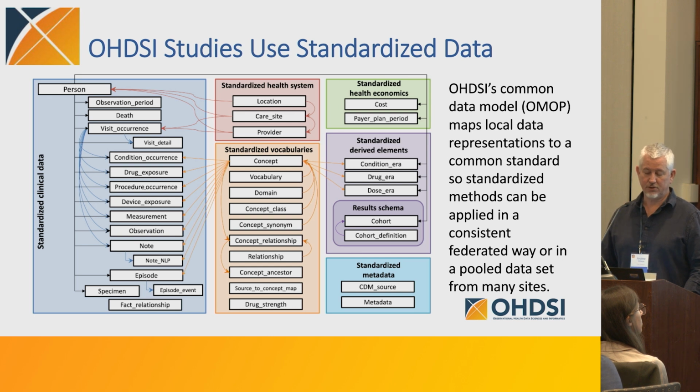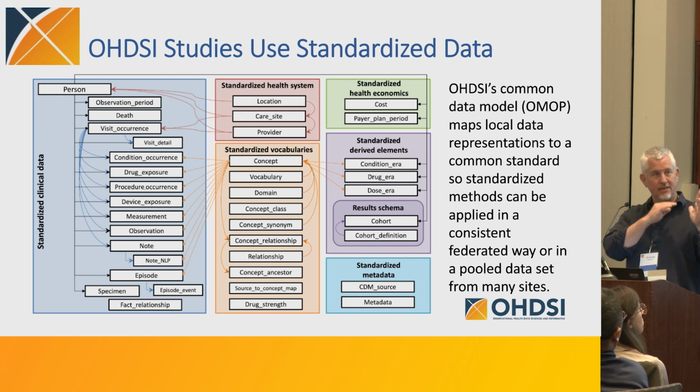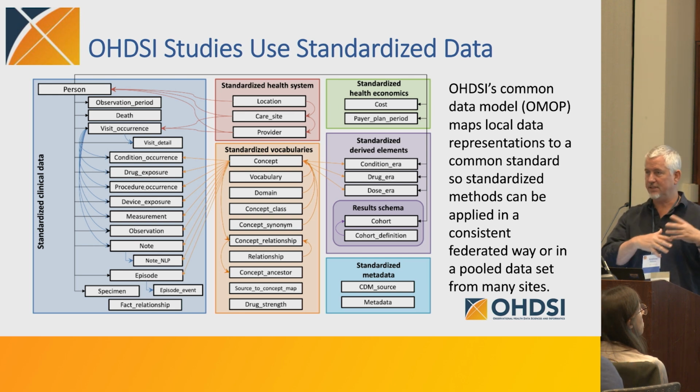So you have persons who have visits, and at those visits, you have conditions and drug exposures and procedure exposures and lab results, and all of those are related in a relational database to the person. So you get a longitudinal record for this person over this period of time. You had these visits, and at each of these visits you had these lab results or these medications prescribed to you and these indications of a health event.